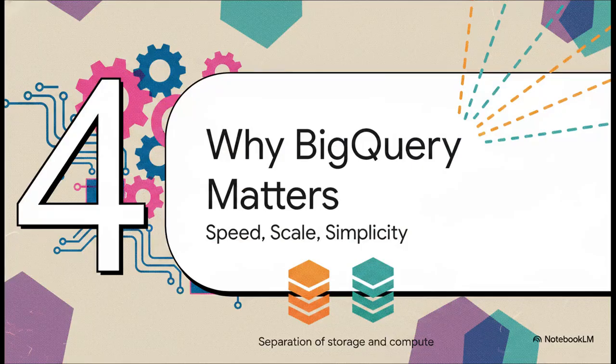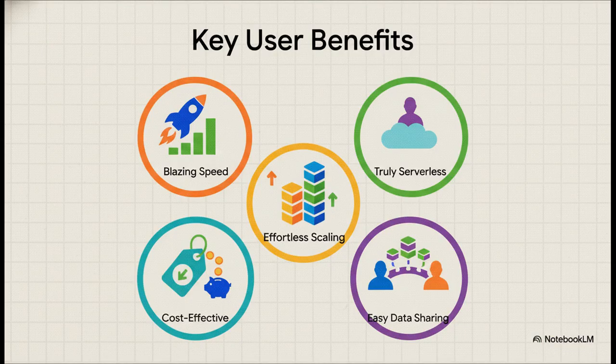Okay, I know we just got pretty deep into the technical weeds there, so let's pull back up for a second. What does all this fancy technology, this split between storage and compute, this columnar format, what does it actually let people do in the real world? Why should we care? Well, it really all boils down to these huge benefits. You get blazing speed, which lets you do things like detect credit card fraud the instant it happens.